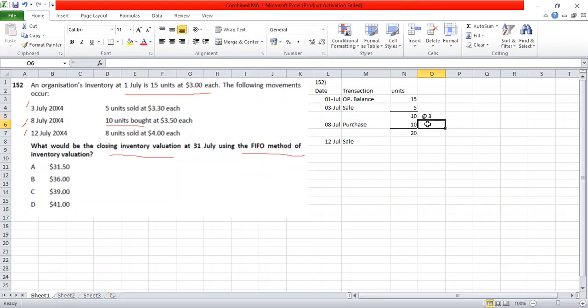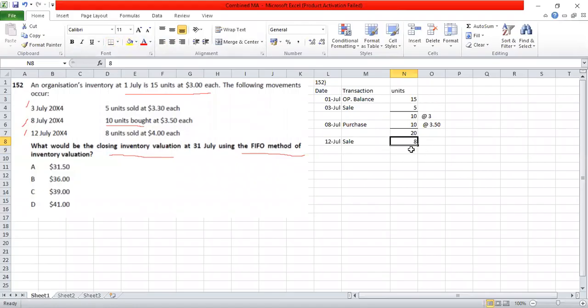The second lot of material is at the rate of 3.5. So now the next, 12th July, there is a sale of 8 units. So the sale of 8 units will be taken at the rate of 3. So 8 units are sold. So when 8 units are sold, they will be deducted from total 20 units.